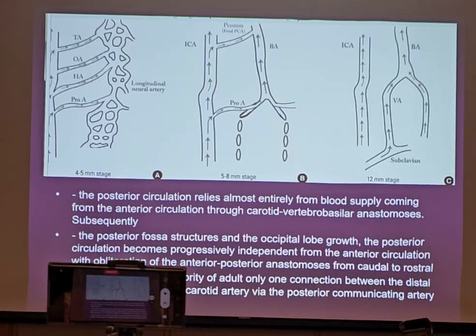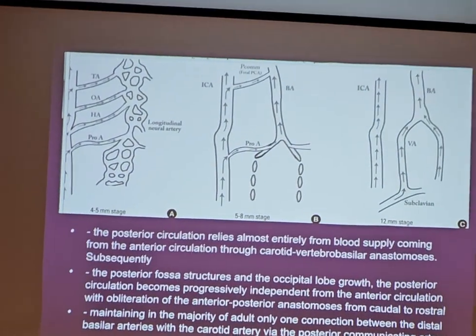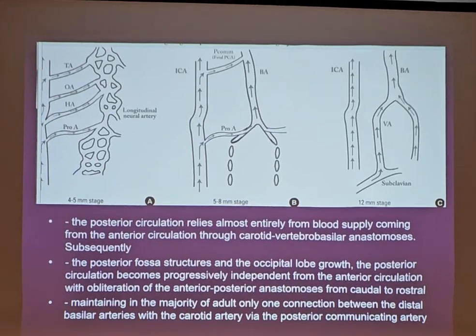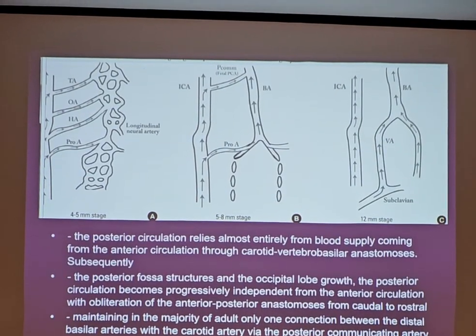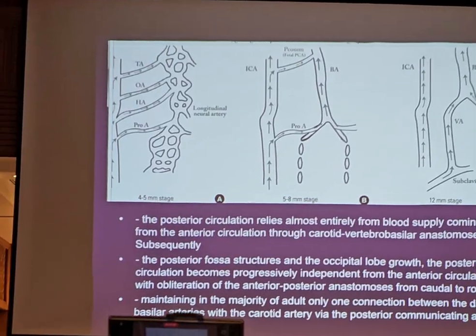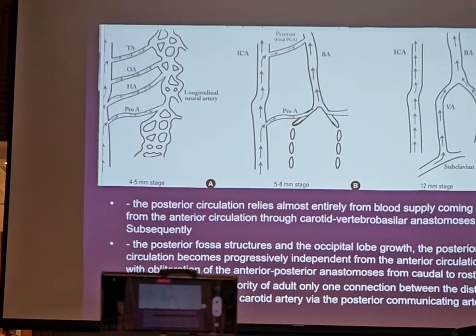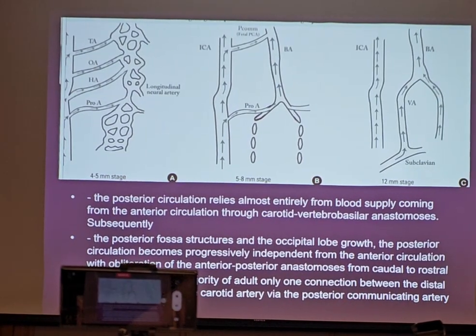So the second concept is the flow change. We start with the concept that the posterior circulation structures rely mostly on blood supply coming from the anterior circulation. By that time, there are many connections between the anterior and posterior systems.